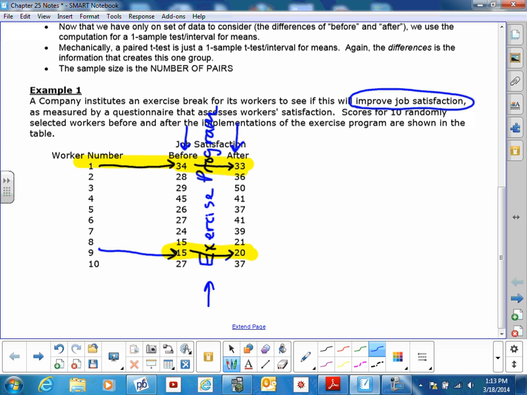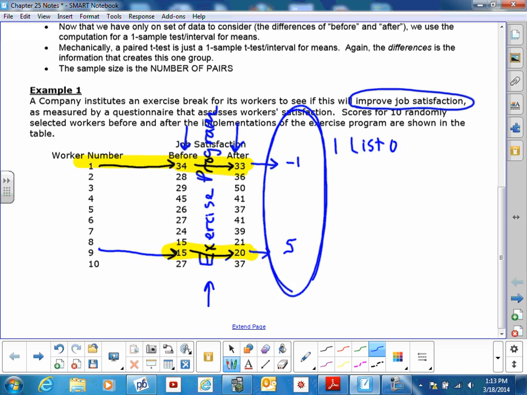And so you can see worker number 1 had a change of -1, whereas worker number 2 had a much bigger change at a +5, went up 5. Okay, so this is the only list of interest today. One list only. And it is the list about the difference in job satisfaction.